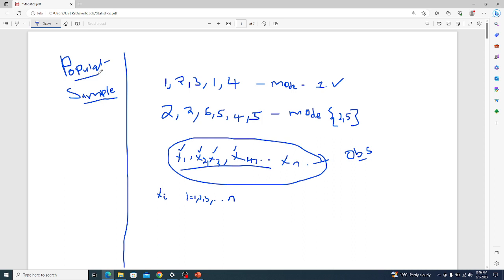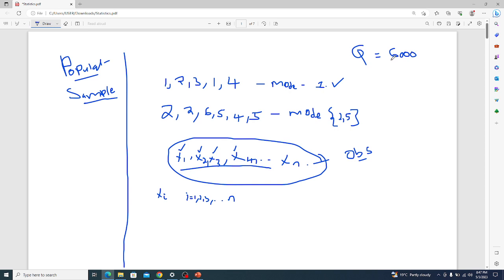So population is like we are talking about the whole team or the whole values under study. For example, let's say you are sent to collect data from a certain village. Let's call it village Q. It contains a population of 6,000 people.